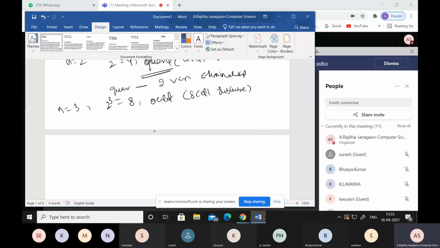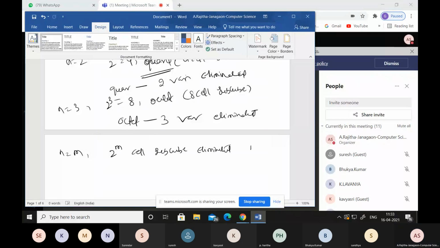That is, from an octet, 3 variables are eliminated. Suppose n equal to m, how many variables? That is 2 to the power of m cell subcube. In this case, how many variables are eliminated? m number of variables are eliminated.